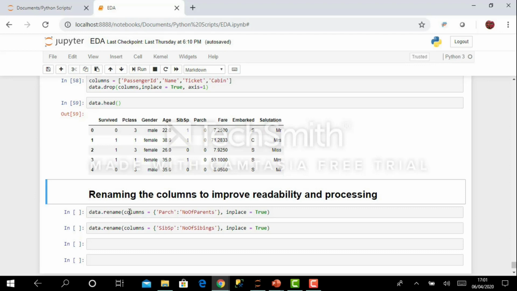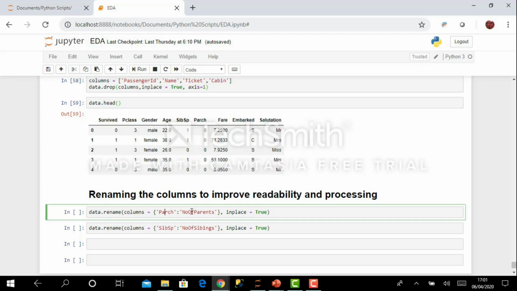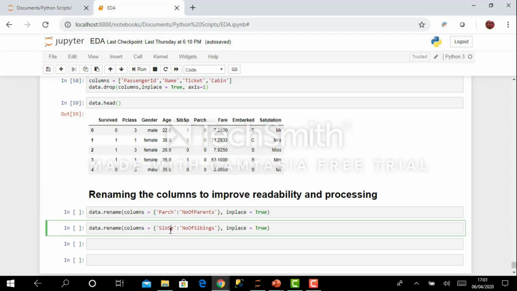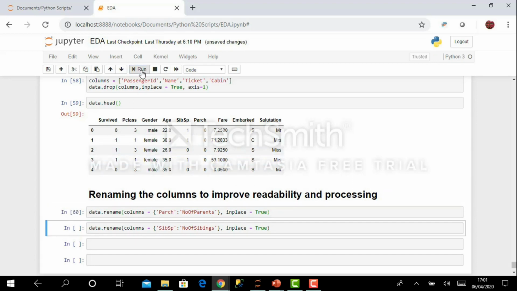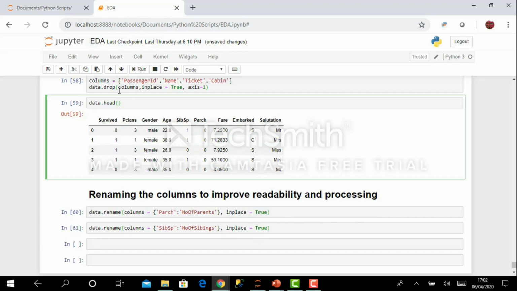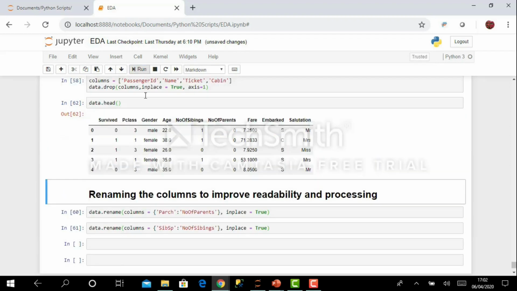So here I have renamed the columns, Parch to number of parents and SibSp to number of siblings. So when I see this name of the column, then I instantly understand that it is, for the passenger, the number of parents. So this way I have done these 2 renamings of the columns. So let us do this. Have executed. Next I will again run this. So now you can see that column names are changed.